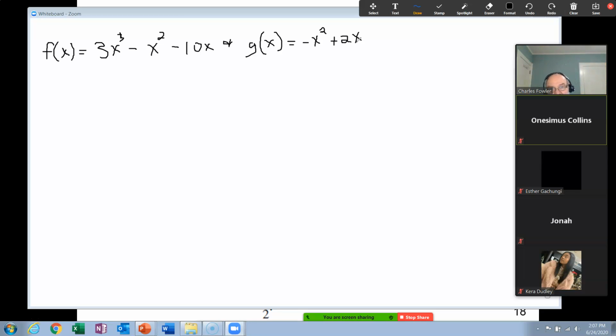Now, again, you have to find the points of intersection. To find that, you set them equal to each other. So what we got here is 3x cubed minus x squared minus 10x, set equal to minus x squared plus 2x.